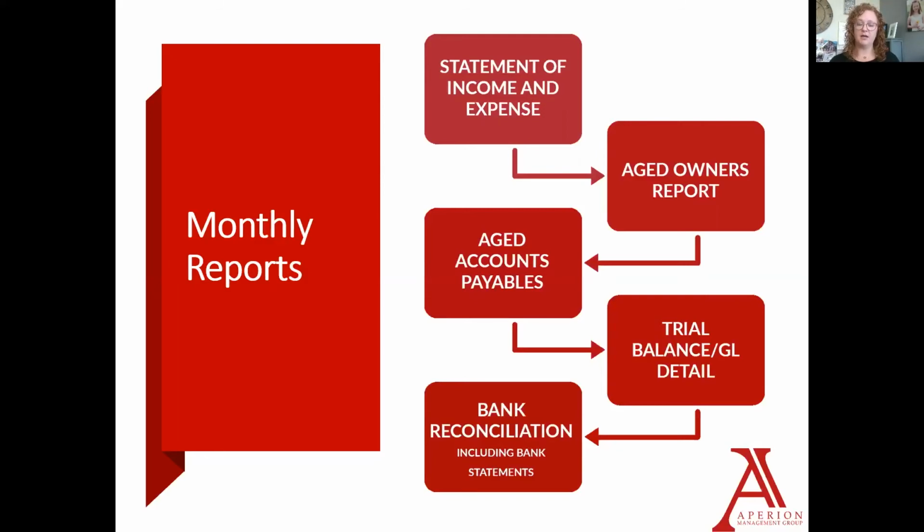To determine where you're tracking on receiving your income, you would look at your balance sheet and say, okay, we have $2,000 outstanding in owner accounts. And then your detailed aged owner report is going to tell you who is making up that $2,000.